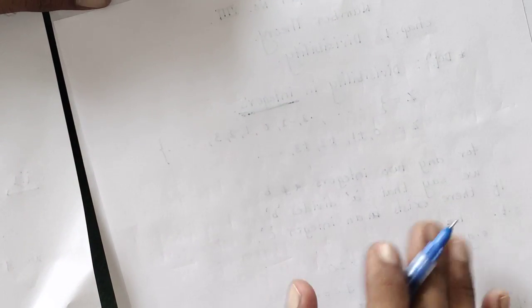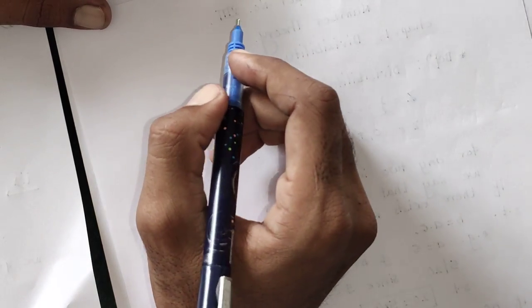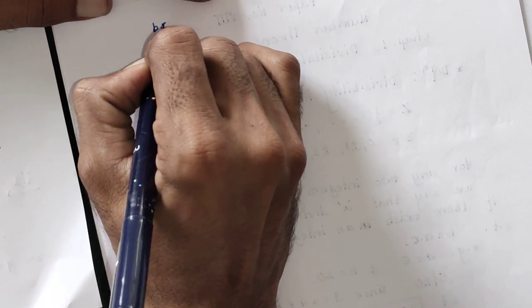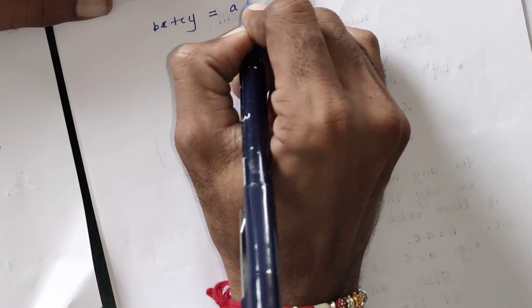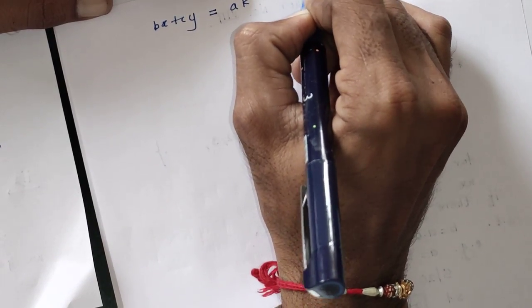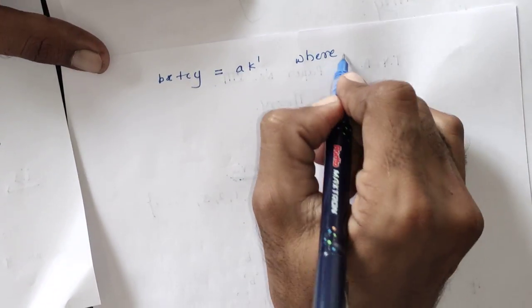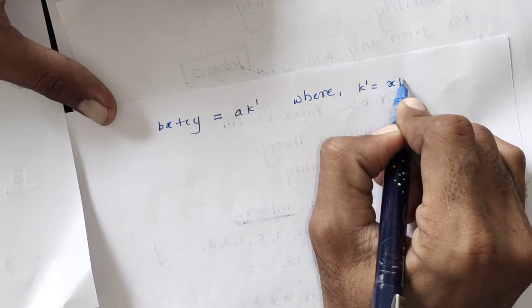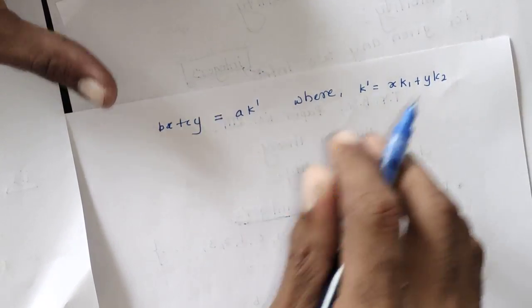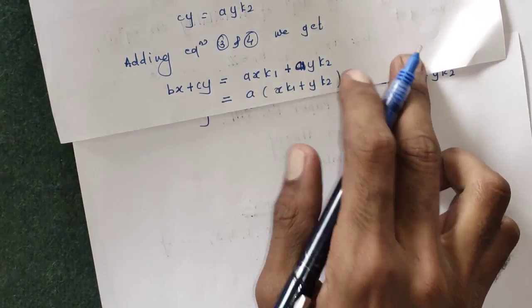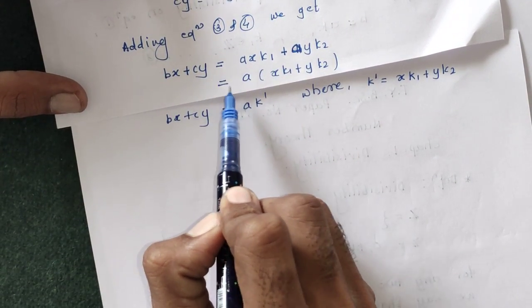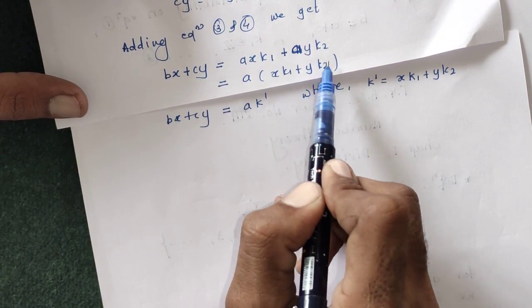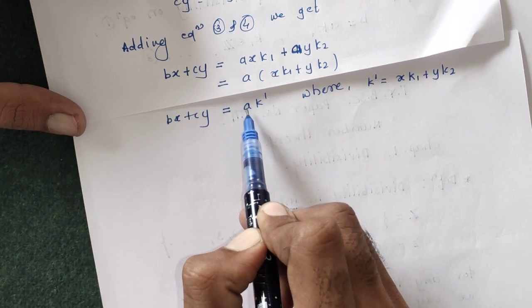Suppose Bx plus Cy equals A into this K prime, where K prime equals x K1 plus y K2. This was our last step: Bx plus Cy equals A into x K1 plus y K2, and x K1 plus y K2 is an integer, so we write it as A into some K prime.